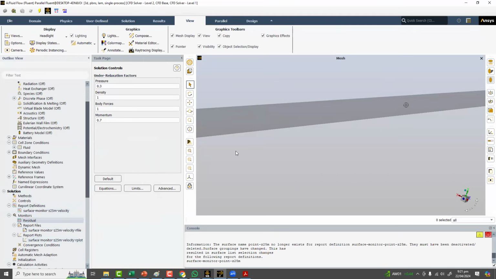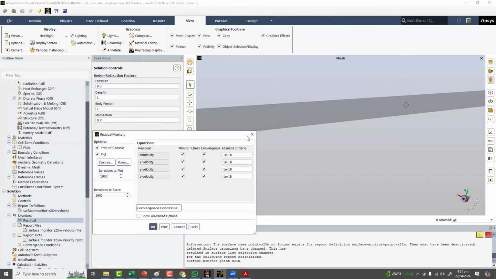In the residuals, you should be putting more values here so that we can converge them. If you put a tight convergence here, then the solution will not give you the message that the solution has been converged, and it will not stop. What I want is to stop the solution after my own criteria, the surface monitor at the point Z equal to 25 meters. It's now a straight line.